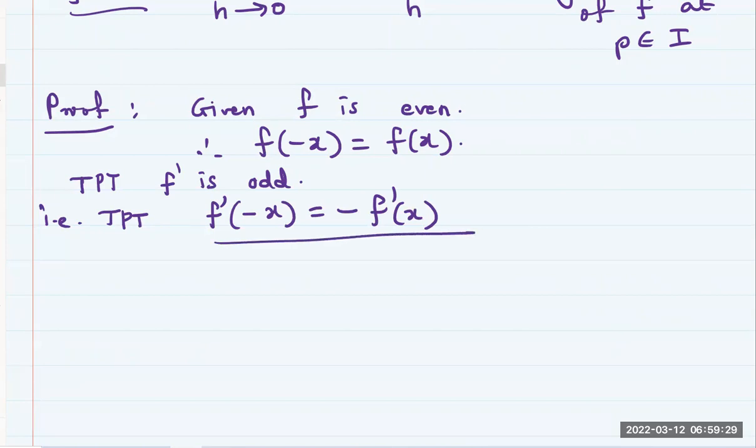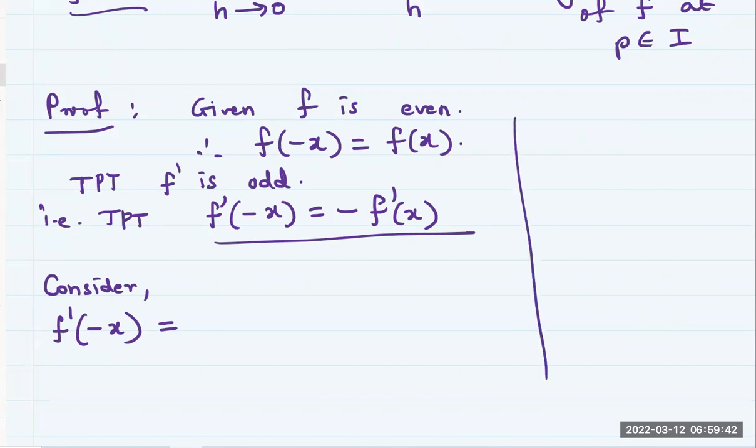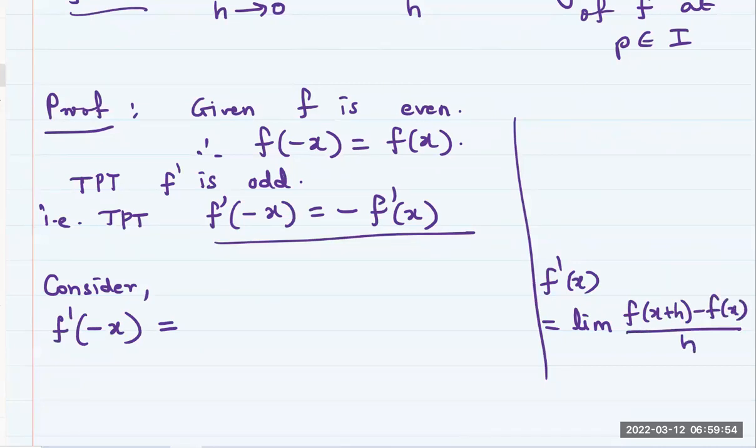Okay, so let us consider f dash of minus x. We already know the definition of f dash x. Once again, I'm writing it: f dash x is the limit of f of x plus h minus f of x upon h as h tends to 0.